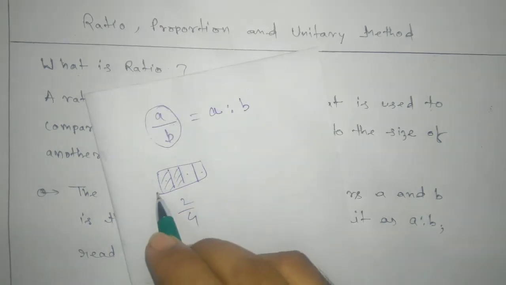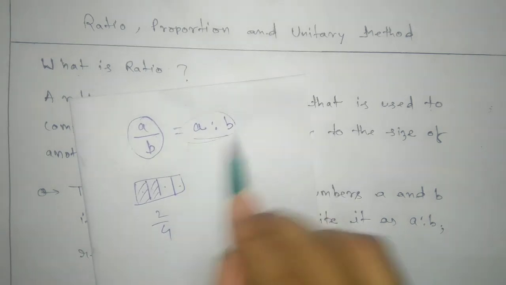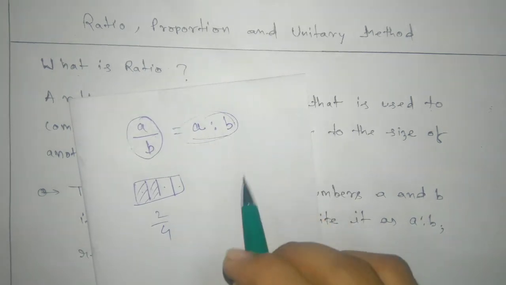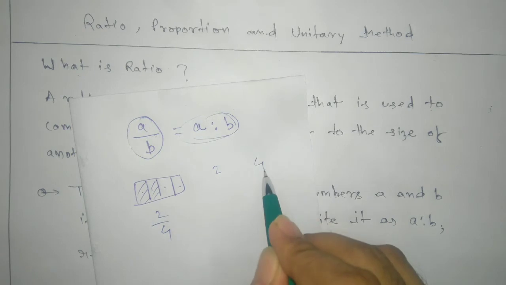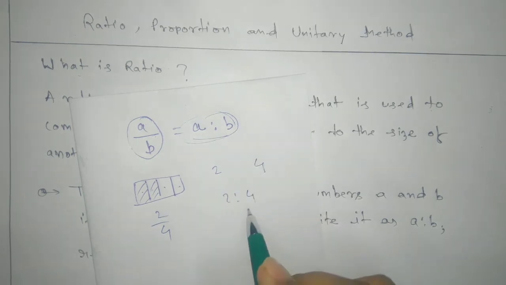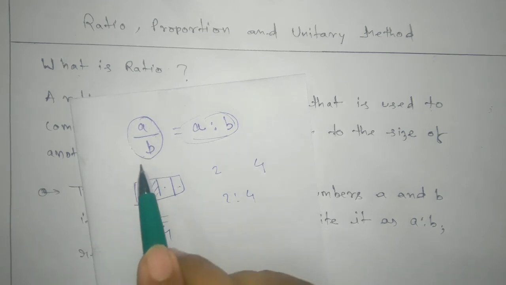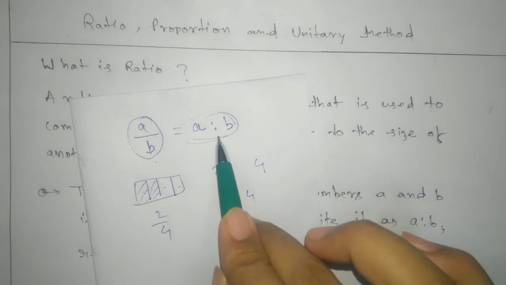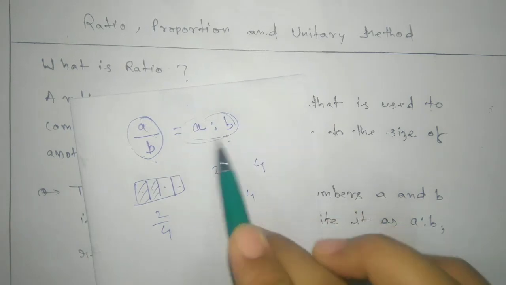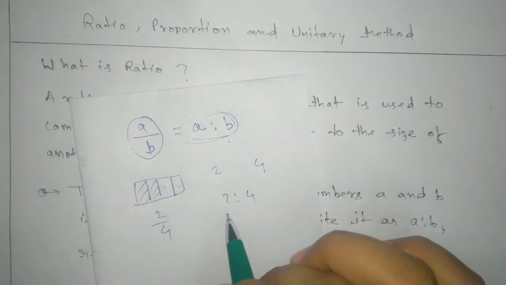This is the meaning. And a ratio means you are taking different things, like 2 girls and 4 boys, that means 2 is to 4. Numerically both are equal, but conceptually both are different. This is part of a whole, and this is comparison between two different quantities.